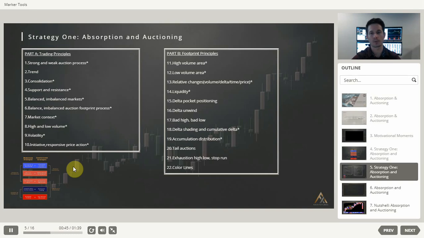Okay, now before we move on to the next slide, do bear in mind the next couple of slides I'm going to begin on the blackboard. I'm going to show you the strategy, I'm going to annotate it, show you the variations, show you the principles that underline the strategy, and then I'm going to move on to practical examples with a static example of the footprint, before then finishing with live practical examples of the footprint.